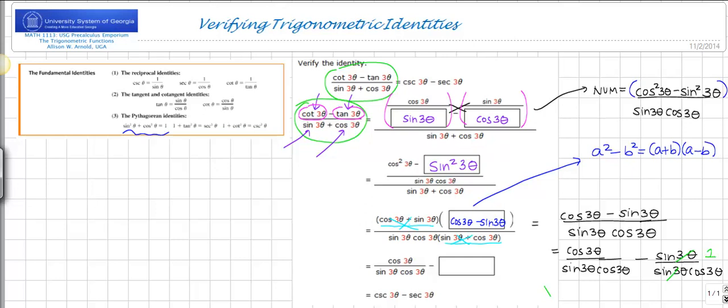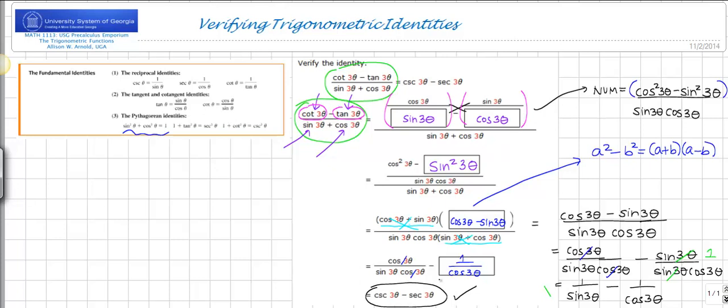So what we would have here is 1 over cosine 3 theta. What would have also happened here was cancellation, and you would have 1 over sine 3 theta minus 1 over cosine 3 theta, or cosecant 3 theta minus secant 3 theta.